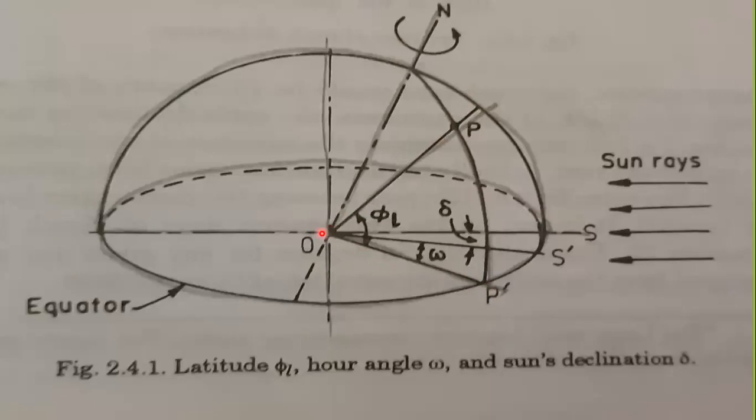This is the latitude of the location, measured as positive for the northern hemisphere and negative for the southern hemisphere. And the next angle is declination.